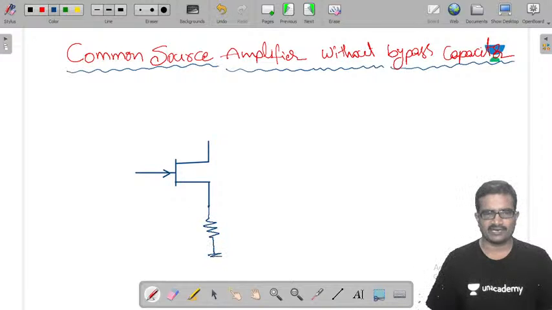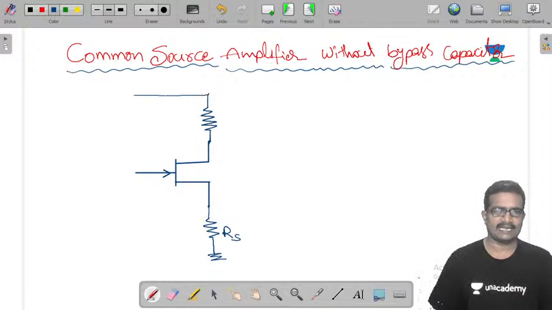At the source terminal we have RS, at the drain terminal we have RD, and the biasing resistors on the input side, R1 and R2.